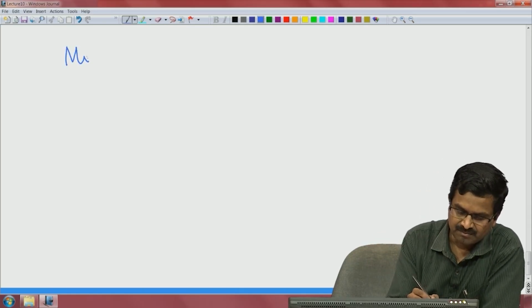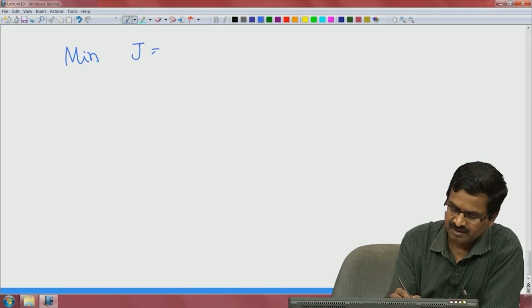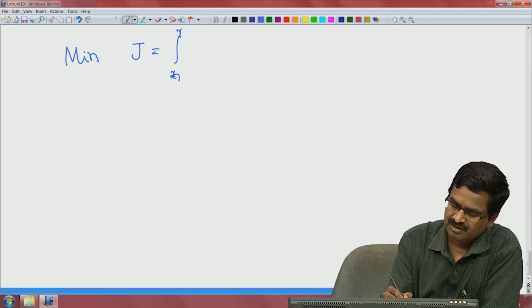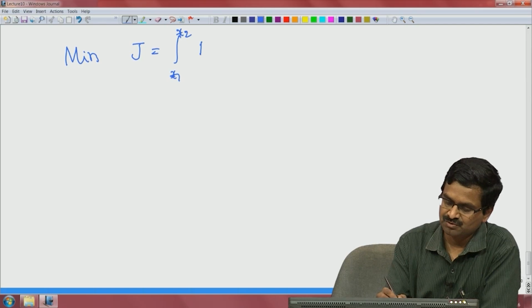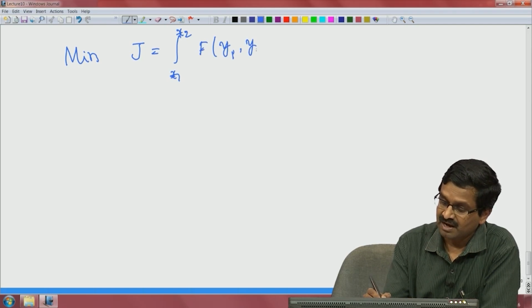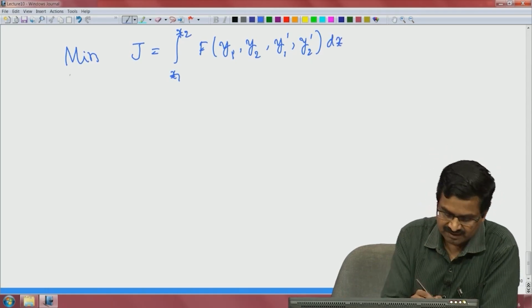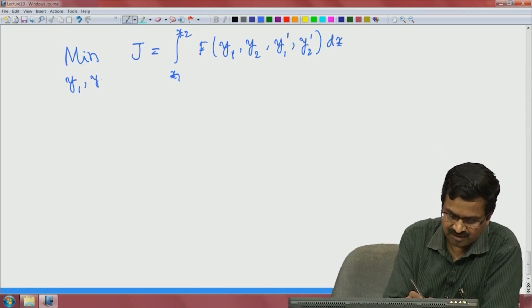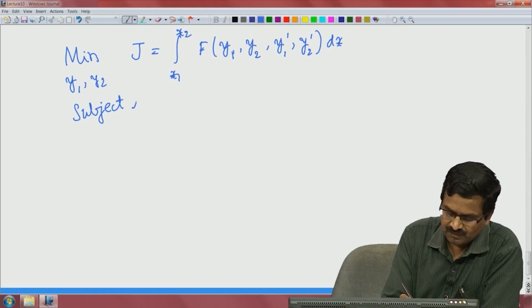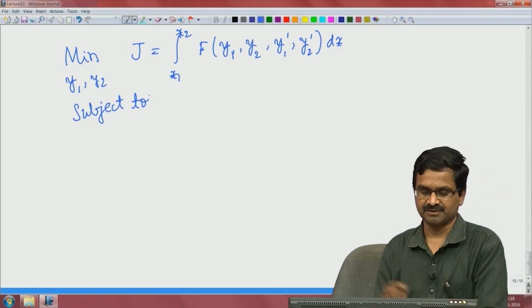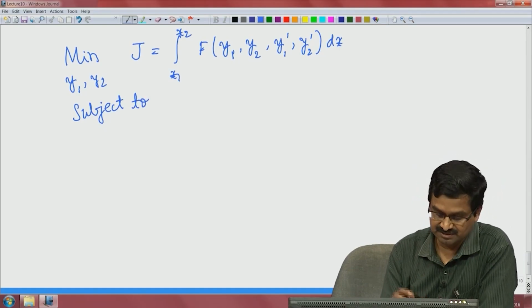Let us write that minimize j in terms of one independent variable x1, x2, f y 1 one function, another function, and then let us say first derivative of this, second derivative of that, first derivative of the second function, sorry, that can be there, and two functions y1 and y2, and let us say that there is also a constraint, okay, subject to which we are not considered so far.